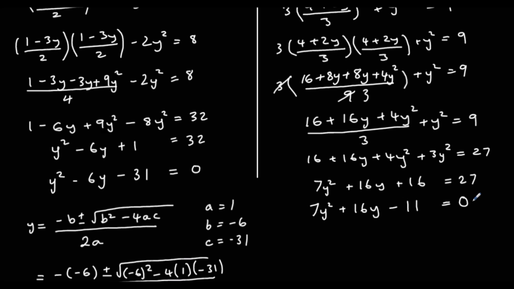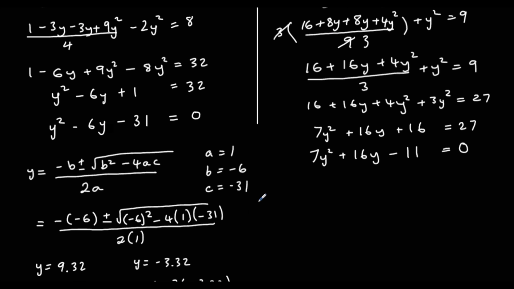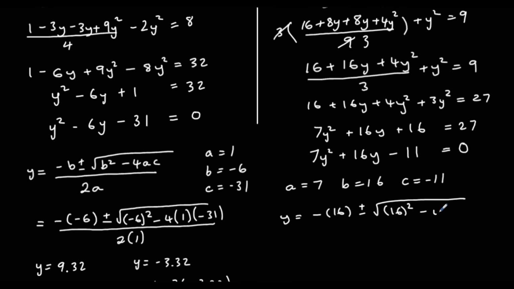To solve this, we are going to use the quadratic formula. So A will be 7, B 16, and C negative 11. So let's substitute into the quadratic formula. So y will be equal to minus b, so minus 16, plus or minus the square root of b squared, so 16 squared, minus 4 times a times c, so 4 times 7 times negative 11, all over 2 7s.